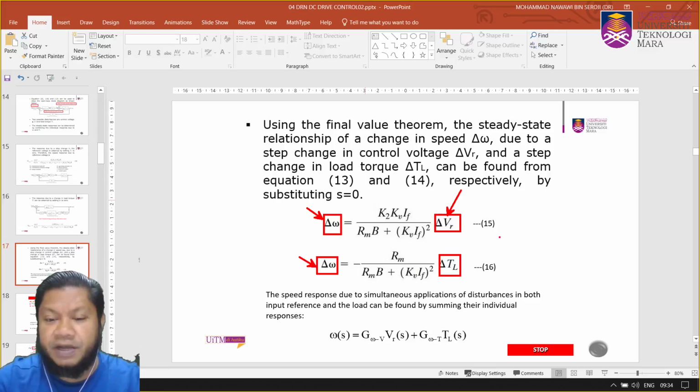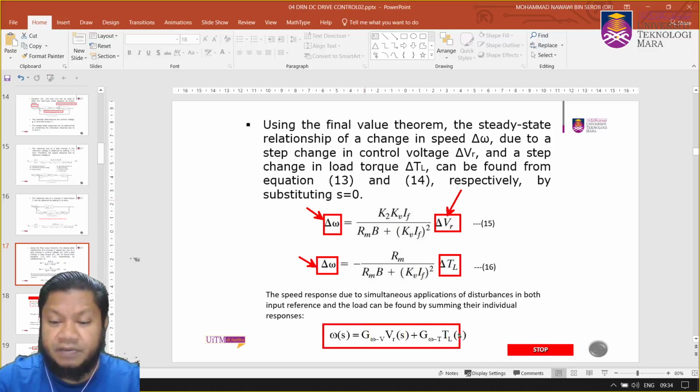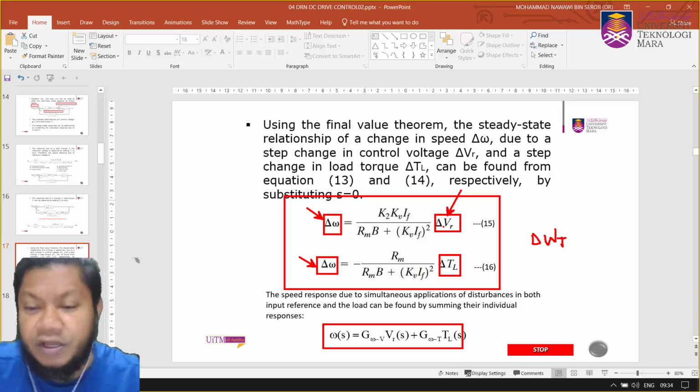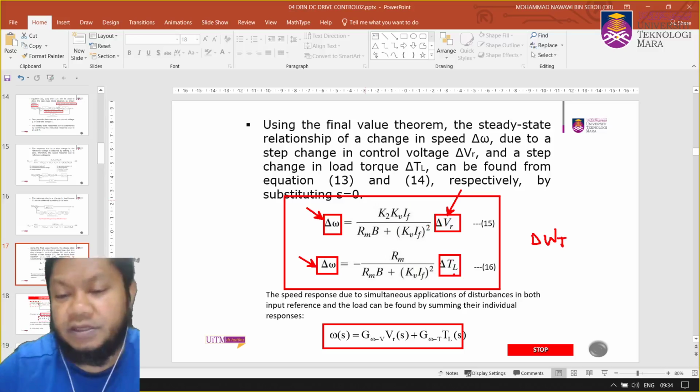If you want to consider both responses done simultaneously, then you just add both of these equations to get the final delta omega total, subject to the change in the voltage as well as the load torque.